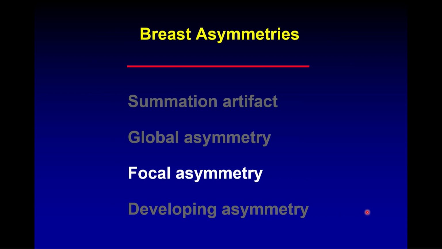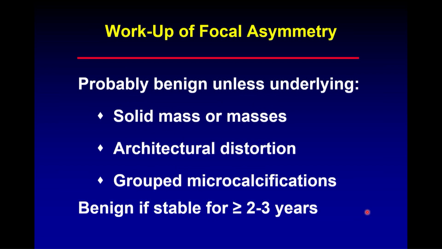Okay? Now, what about focal asymmetry? Well, focal asymmetry is probably a benign finding if you don't have priors. And we're going to get into priors in more detail as we go on, but if you don't have priors, what you're looking for is the same three things.